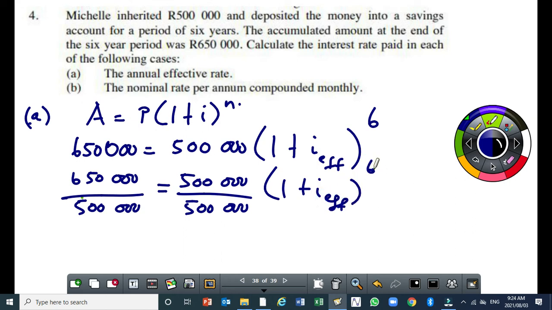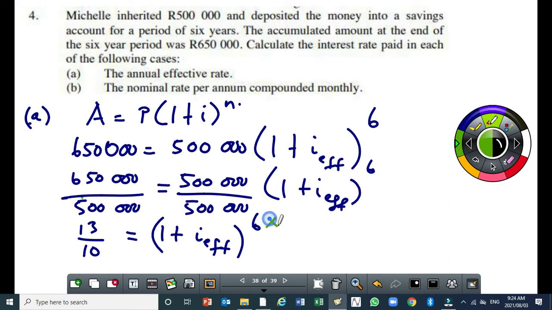And this will give me 13 over 10 is equal to 1 plus i EFF to the power 6. Now from here, you need to convert this exponent from 6 to a 1. I explained the concept yesterday and last week. So this becomes 1 over 6.